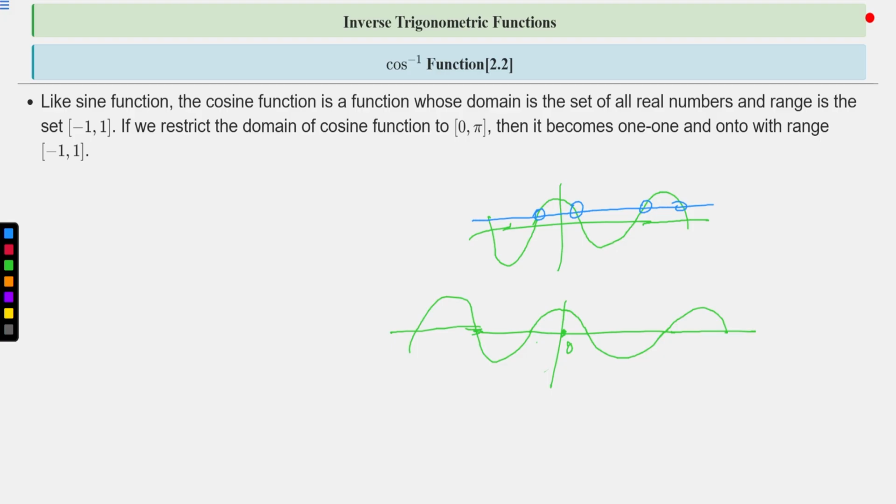If we take 0 and this is pi, we delete all the values before and after that, because we have taken the domain from 0 to pi. And again, draw any line parallel to the x-axis, then you can say that the function will become one-one, because any line parallel to the x-axis cuts the graph at only 1 point. Then it will become a one-one function with range minus 1 to 1, right?